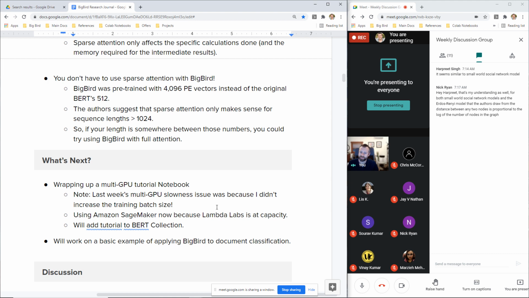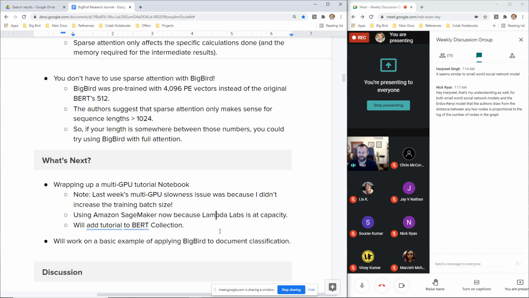I learned this past week that an important rule of thumb is that you want to increase the training batch size linearly with the number of GPUs. So if you're doing a batch size of 32 on one GPU, then for 8 GPUs, you should have a batch size of 256. That's how you'll actually keep all those GPUs busy and benefit from the parallelism. Once I did that, I got a good speed up from the multi-GPU setup.